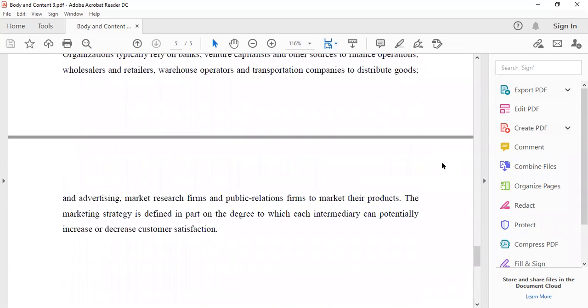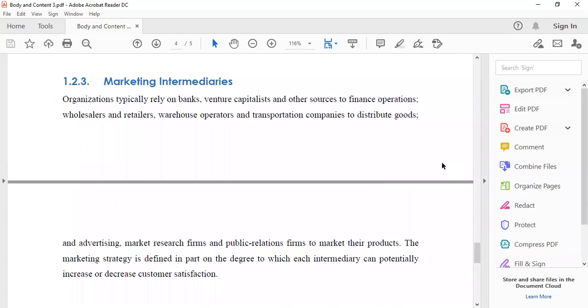We could also have the marketing intermediaries, you know, the bank, the venture capitalists, and maybe financiers, wholesalers and retailers, wholesale operators, warehouse operators, and transportation companies that are involved in product distribution, or advertising agencies, research firms, PR firms, etc. These intermediaries can also be influenced.